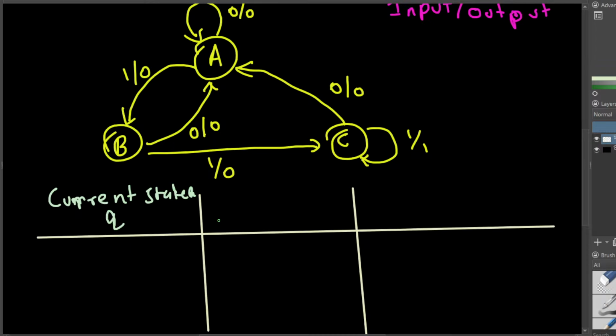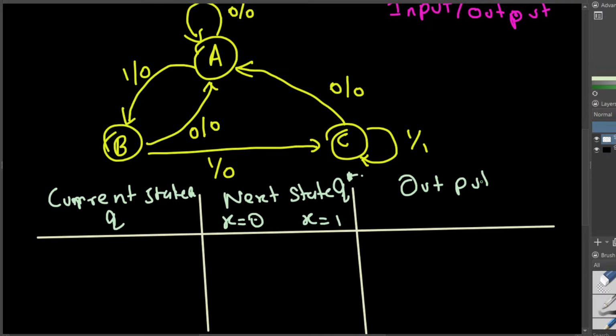That is Q. And the next state, Q asterisk. And here we are going to see the next state when x is equal to 0, and also when x is equal to 1. And also we are going to see the output Z when x is equal to 0 and when x is equal to 1.